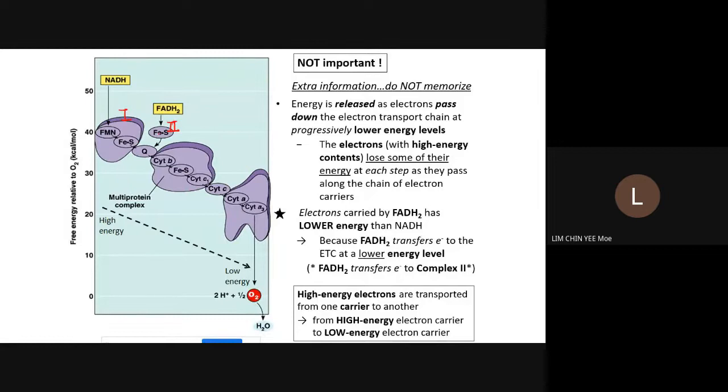We can see that the energy level for complex 1 is higher sebab dia semakin turun, semakin kurang potential energy. You can see high energy to low energy. So apparently NADH bagi electron dekat complex 1 is higher energy. Whereas FADH2 bagi electron to complex 2 is lower energy. And that tells why FADH2 hanya dapat produce 2 ATP during oxidative phosphorylation.